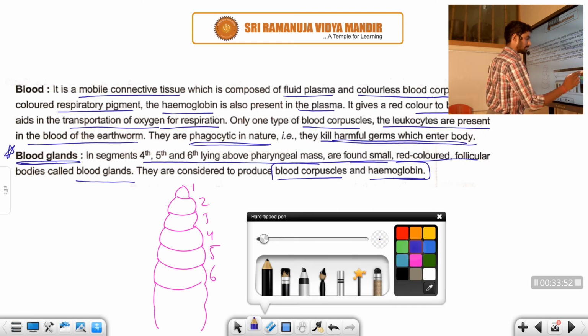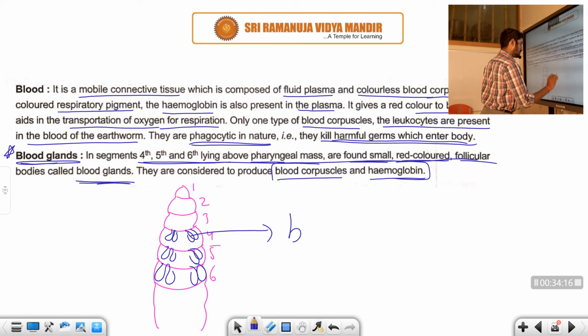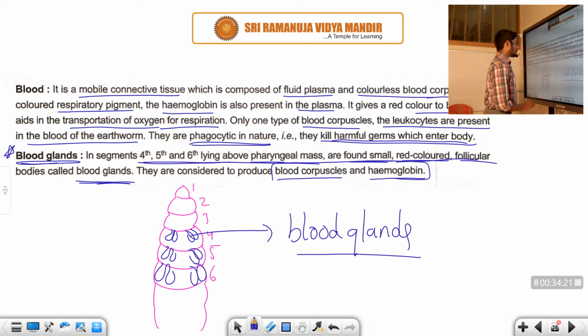Now you can carefully see the segments they are talking about: the 4, 5, 6 segments lying above the pharyngeal mass have small, red colored follicular bodies called the blood glands. This is the blood glands, it appears like this. So the blood glands are present in the 4, 5, 6 segments, and they are responsible for the formation of blood corpuscles and the synthesis of hemoglobin pigment.